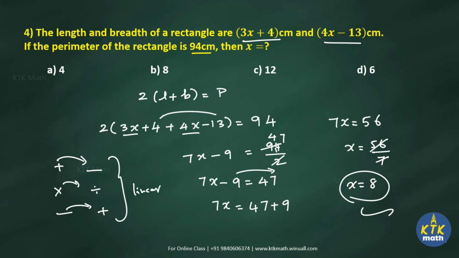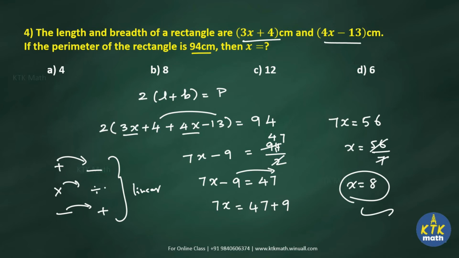You are supposed to find the x value at the end, so step by step you need to move terms one by one to the opposite side. When you move them to the opposite side, the symbols reverse. Plus becomes minus, minus becomes plus, multiply becomes divide, divide becomes multiply. All these are basic concepts which I taught you already when we talked about linear equations. If you want, you can check that video also in our playlist.